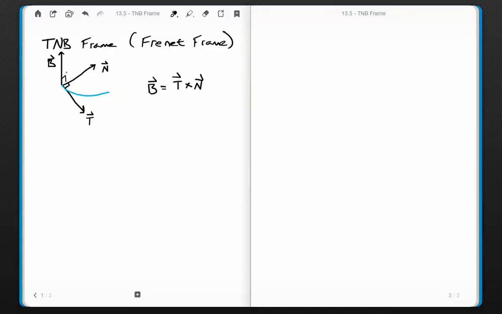So we've got three orthogonal unit vectors here.